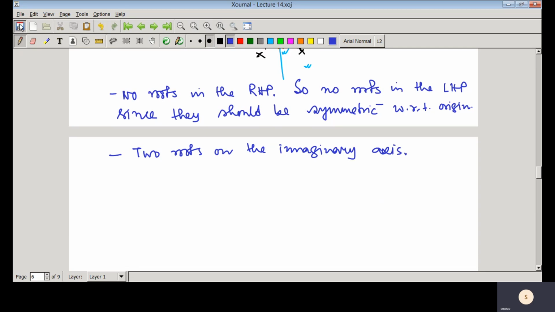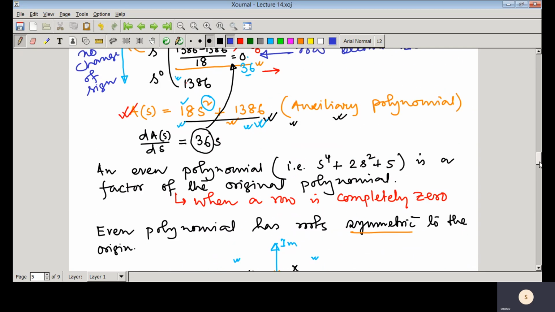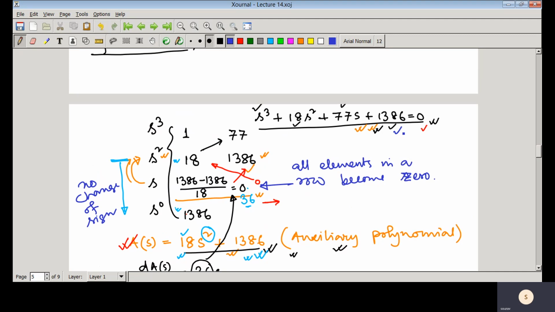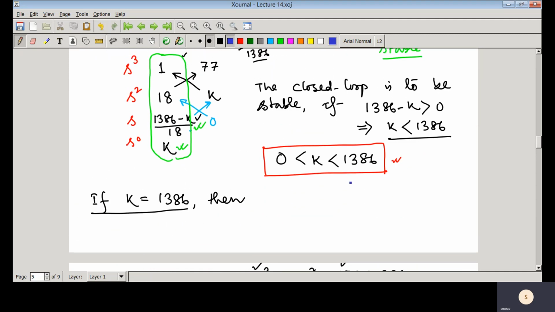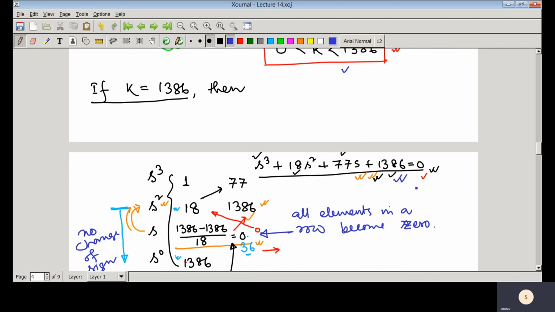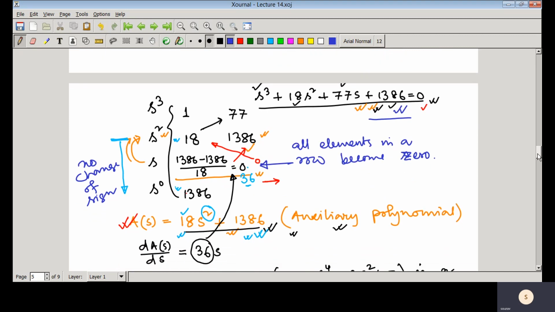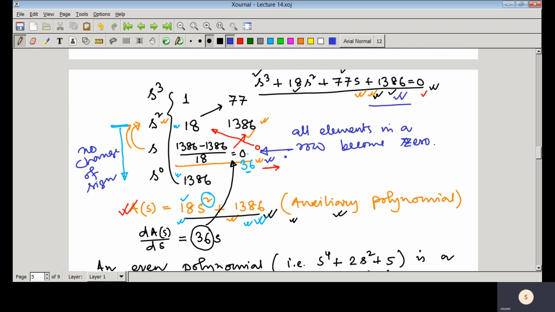So in this particular example, what we have seen is, if we just take this particular polynomial, where we took k equal to 1386, and then we try to find what would be the roots of this polynomial, then we find that one of the rows becomes 0, and whenever one of the rows becomes 0, according to the Routh table method, you need to go one step above and write one equation.